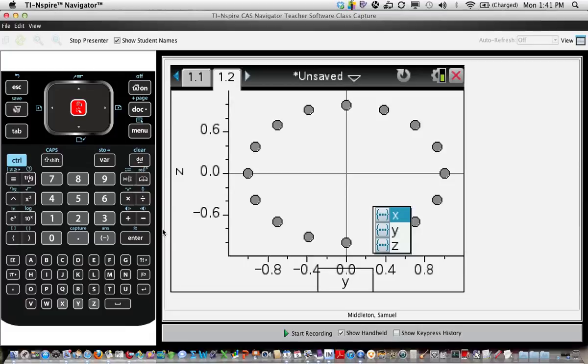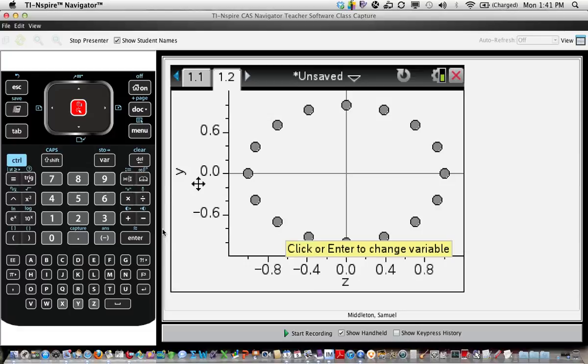Technically, to be the unit circle, put z here and put y up here, right? Y with the sine values. Z is the cosine value. So if you make cosine the x and sine the y, you get the unit circle. That's cool that you just recognized that, though.